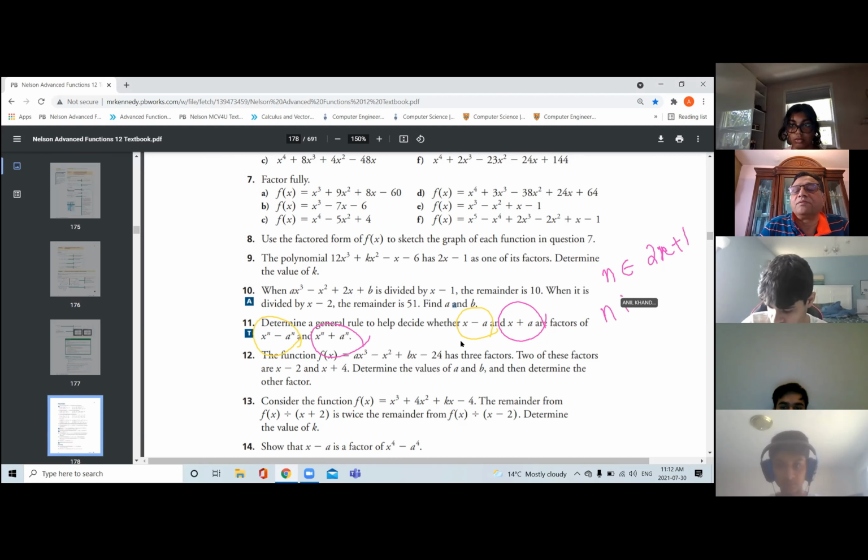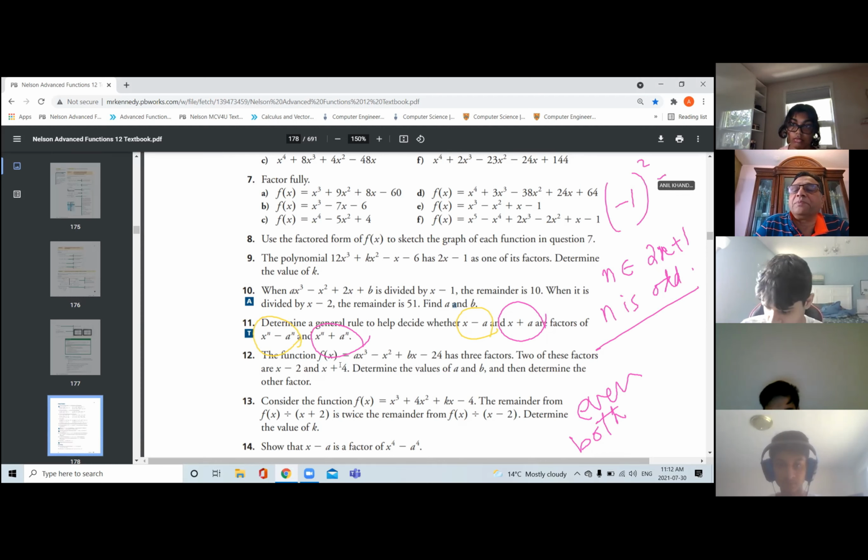So it all depends whether the degree is odd or even. You get the idea? When it is even, both are factors. Why? Because minus 1 squared is always plus 1, and plus 1 squared is also equal to plus 1. And both are factors only for the difference, not for this.